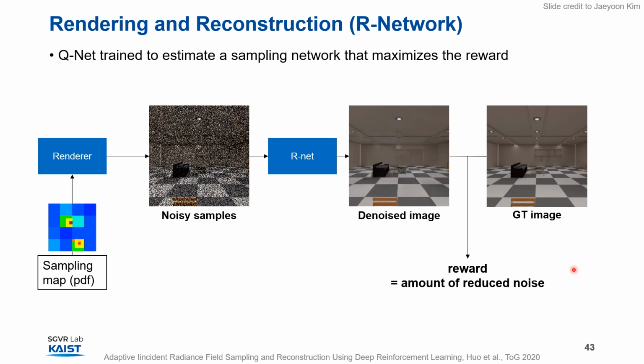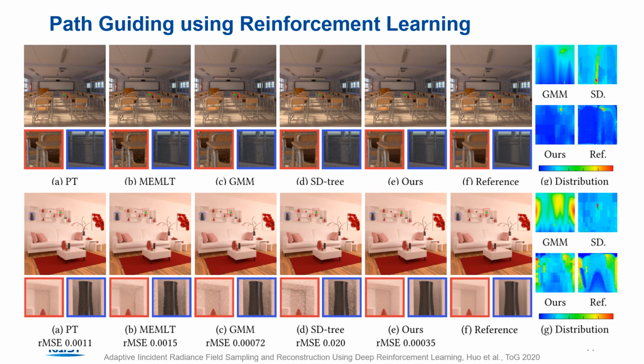So by jointly training the QNet and the RNet to maximize the reward, this work expects the QNet to provide effective sampling maps and the RNet to effectively denoise the rendered result. And this result shows that the sampling map from QNet is closer to the reference compared to other methods, leading to better denoising performance.